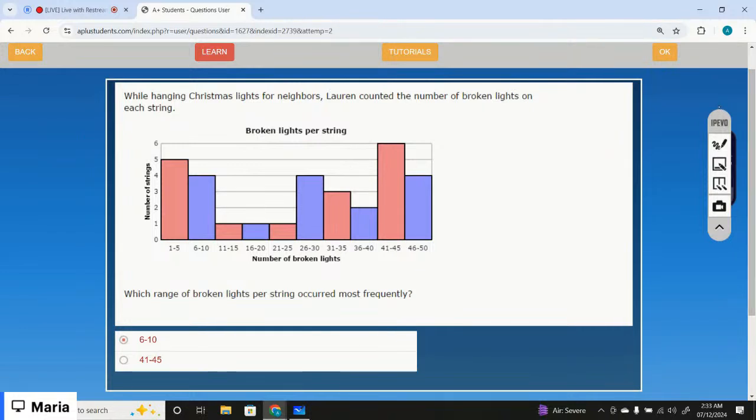Option number 1 is the correct option. You can see here, 41 to 45 because that has the most number of ratings, right? So the correct option is 41 to 45.